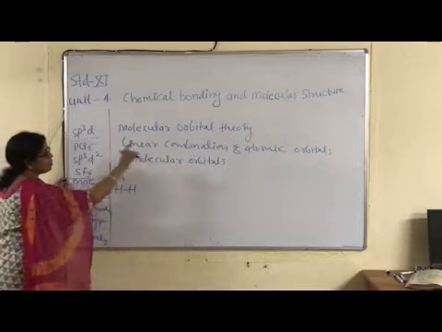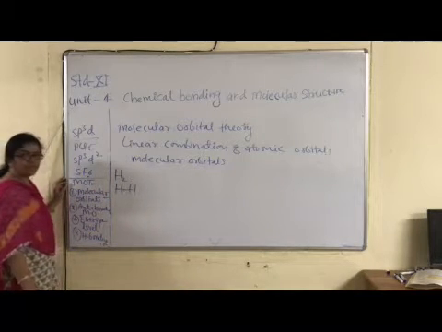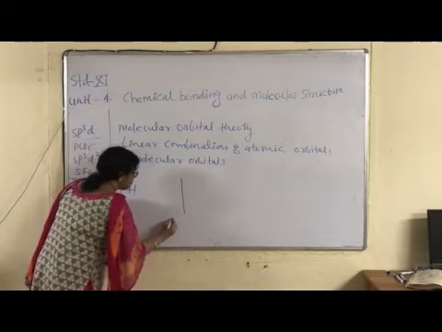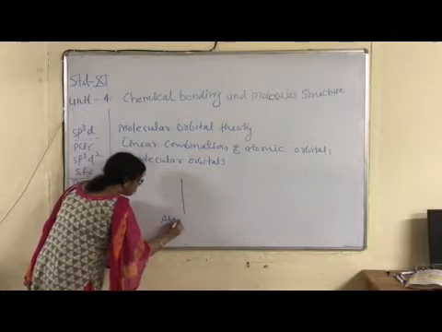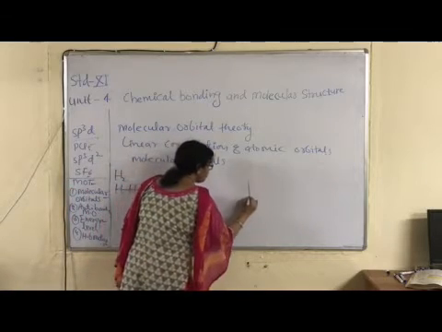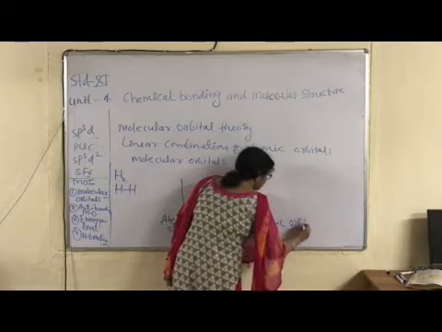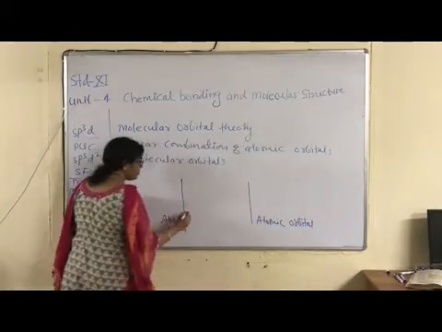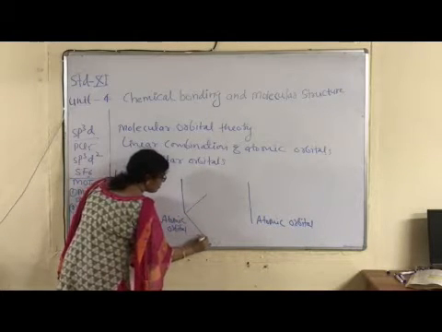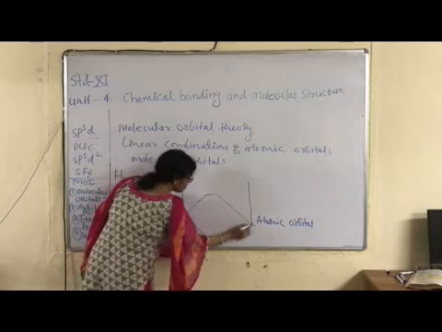According to linear combination of atomic orbitals or MOT, molecular orbital theory, first of all, what is required? Presence of atomic orbitals. This left hand side is showing atomic orbital, right? And right hand side also atomic orbital, right? Then overlapping between two and formation of new set of orbitals, like this.